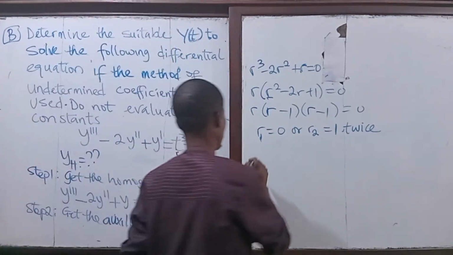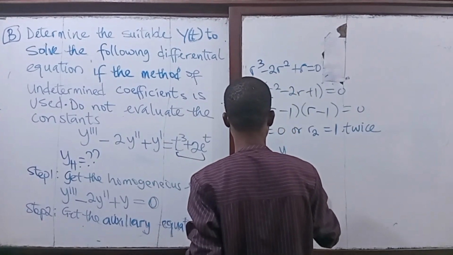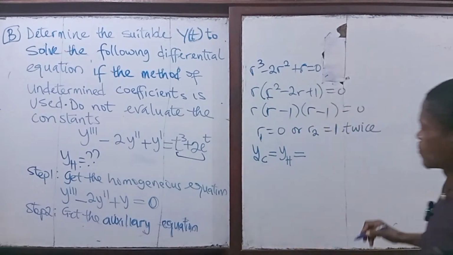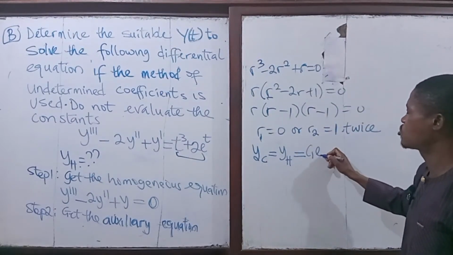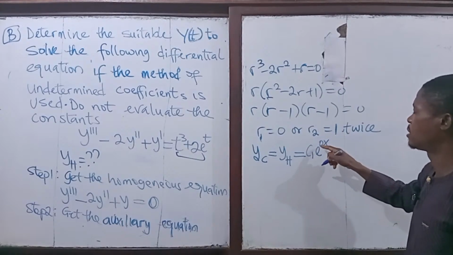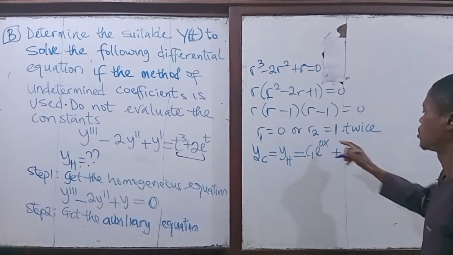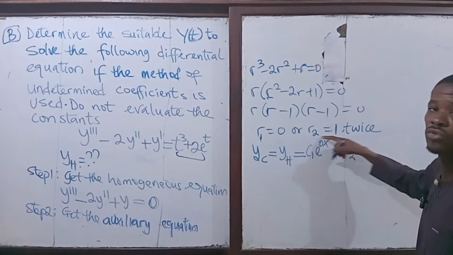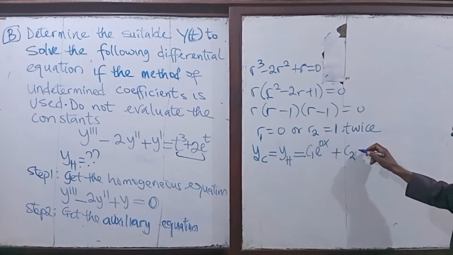Let's get the complementary solution, or YH. For this one, it's going to be C1 times e to the power 0 times x, plus C2 times this one. We're going to get two solutions here, y2 and y3.